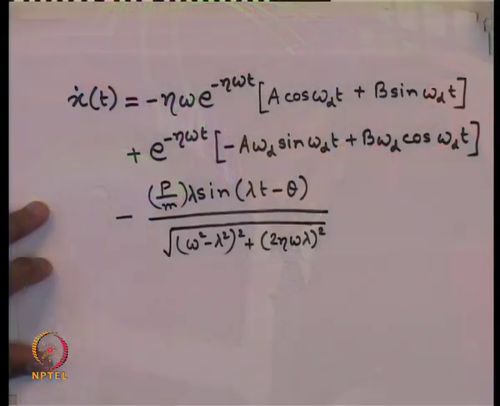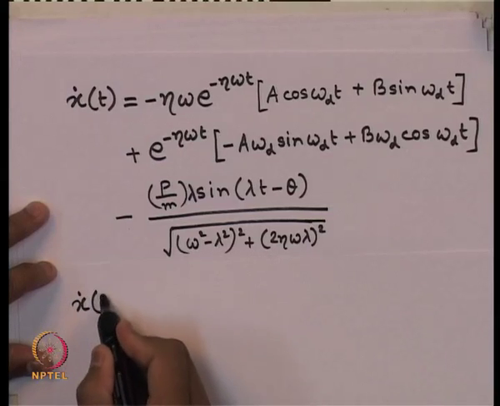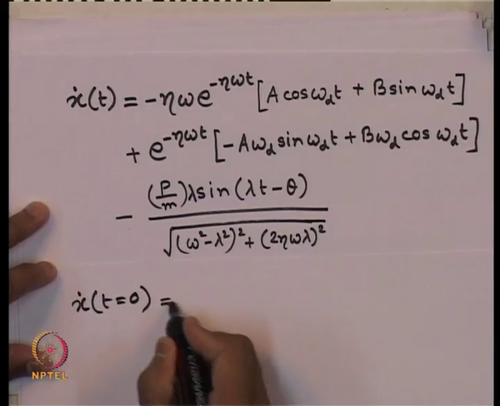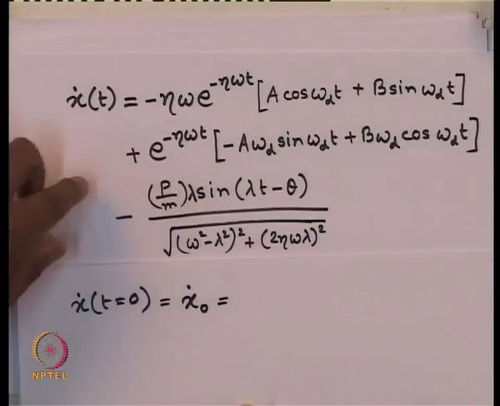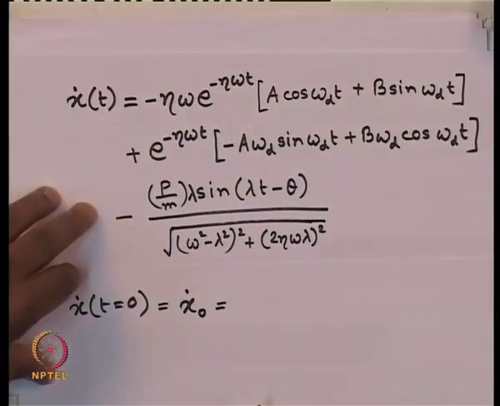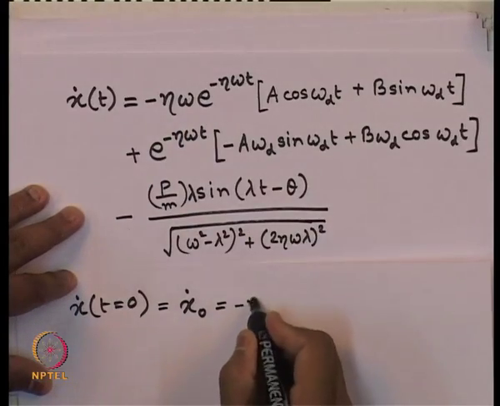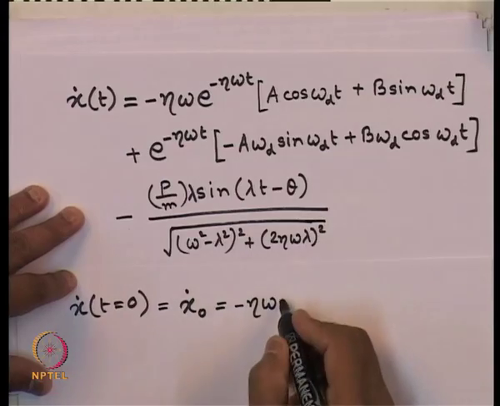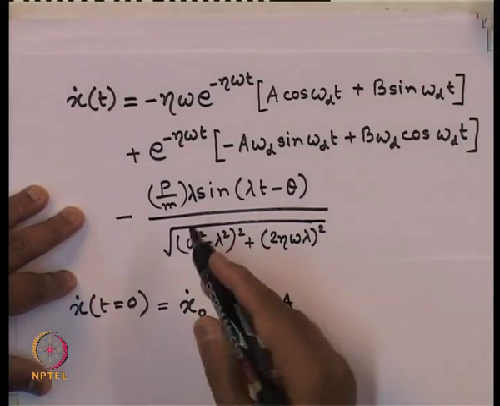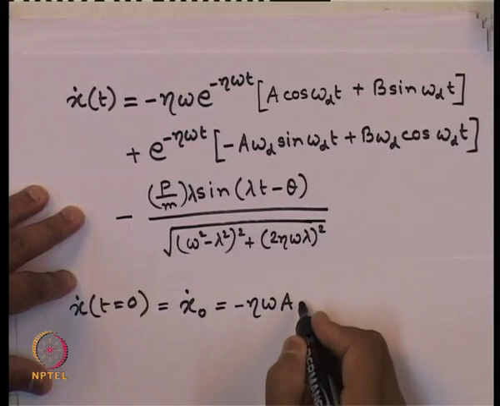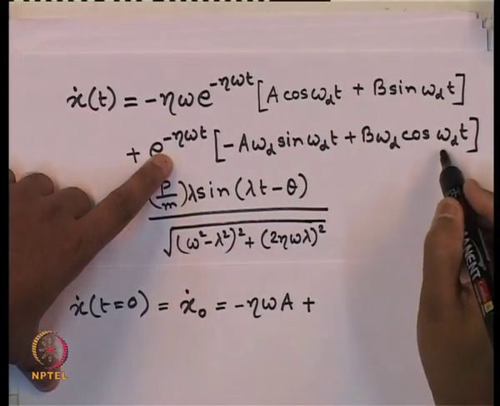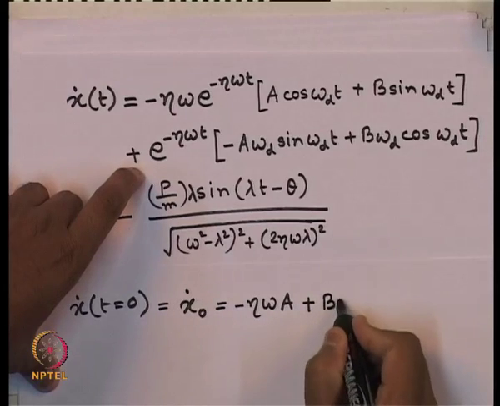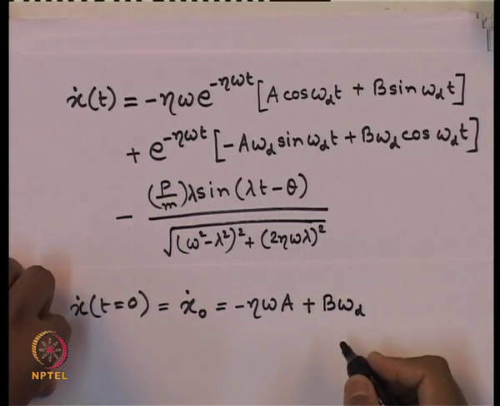Now, to obtain the other coefficient b, we need to use the expression for the velocity. Let us bring back the expression for velocity. Now I am using x dot at t equals 0 is equal to x naught dot. I am putting t equals 0 in this expression. The first term will give me minus eta omega times a, the sine term vanishes. The second term will give me plus b omega d, since the cosine becomes 1 and the sine vanishes.